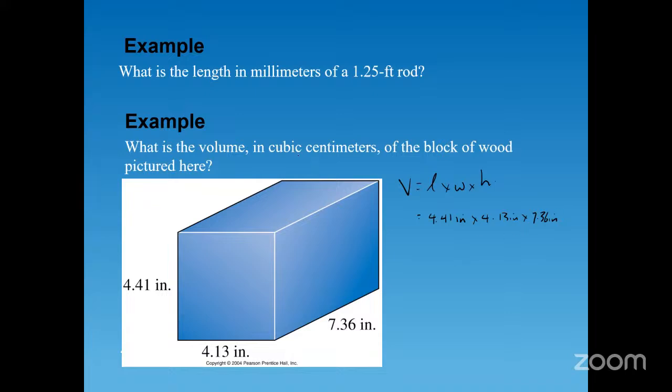However, the question is not asking for the answer in inch cubed. It's asking for the answer in centimeters cubed, or cubic centimeters. So what that would mean is that it would be necessary for you to multiply this by a conversion factor. So if you go to the tables, you'll see that the relationship between the inch unit is that 1 inch is equal to 2.54 centimeters, right? So because you have inches here, I'm going to put a 1 inch down here.